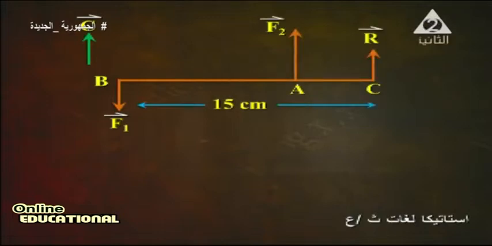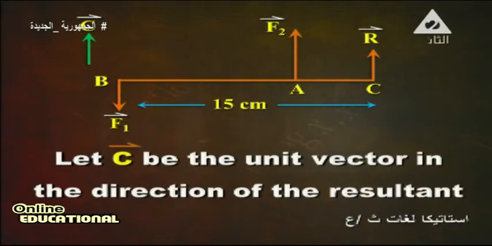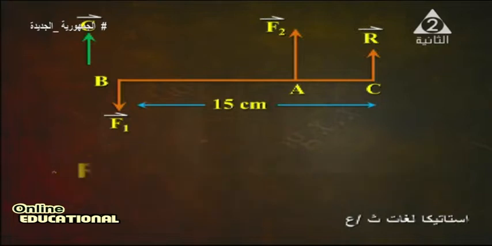The second requirement: find the unknown force when R and F1 are in opposite directions. Look at the opposite figure, my dear student. Let C be the unit vector in the direction of the resultant.